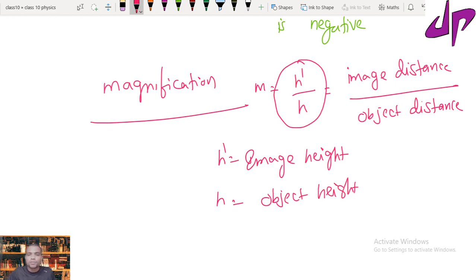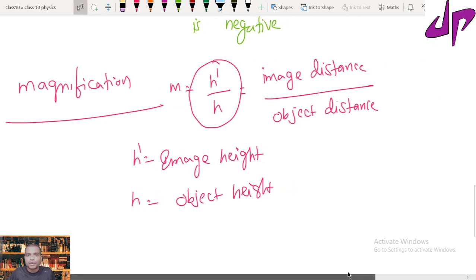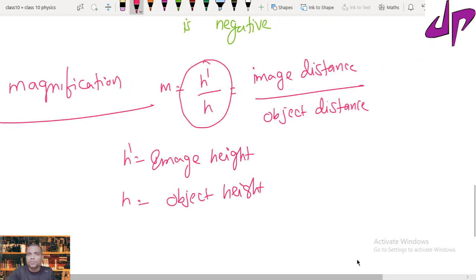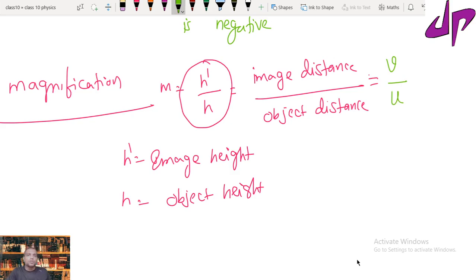In terms of distance, image distance is v and object distance is u. So by taking either of these two ratios, the height of the image upon the height of the object or the image distance upon the object distance, we can find magnification.